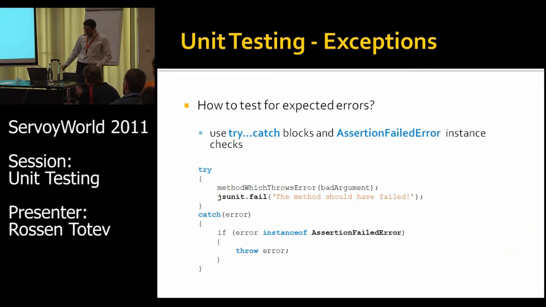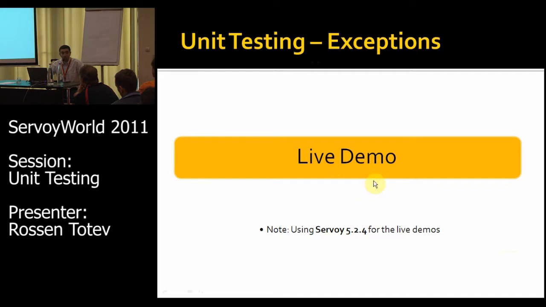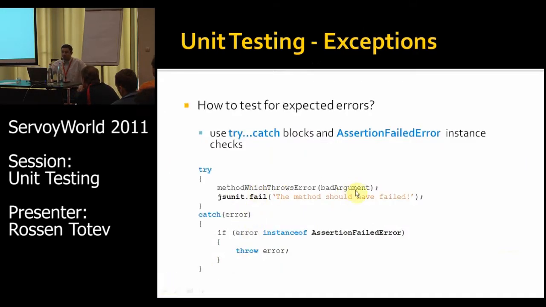In this particular case, the idea is that we want to make sure that whenever this method gets called with an invalid argument, we get the required exception, and the unit test should fail if we didn't get the error.